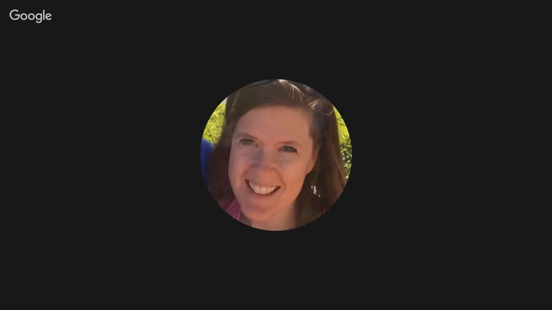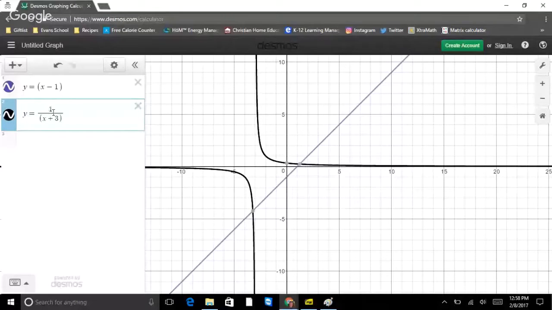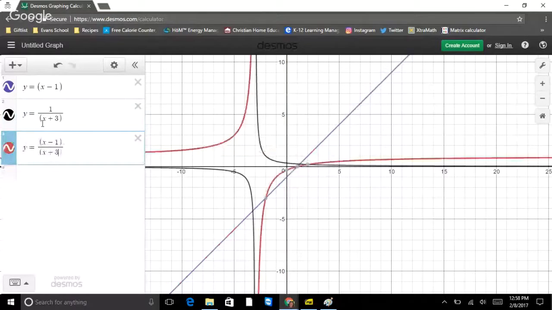The first graph I have is x minus 1, and then let me just do these separately, x plus 3. We're going to combine these two together. So we have y equals x minus 1 over x plus 3.